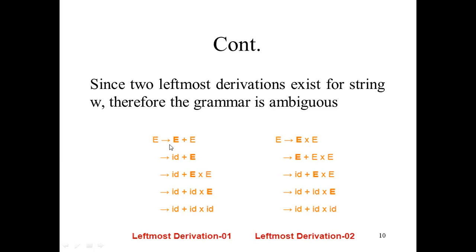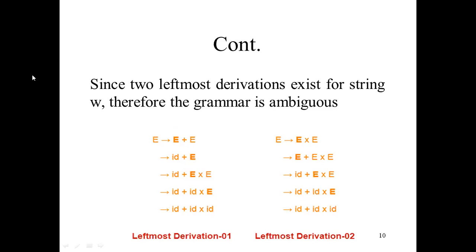Here we have expression E plus E. Now replacing E, ID plus E. Again we are replacing, here we are writing same ID plus E. We can write E into E, because we will proceed as per given grammar. The grammar is provided to us here like this, ID plus ID plus E into E.